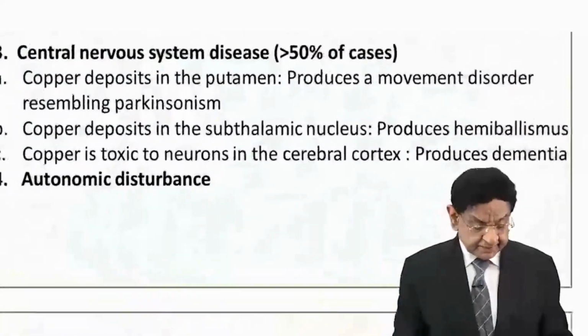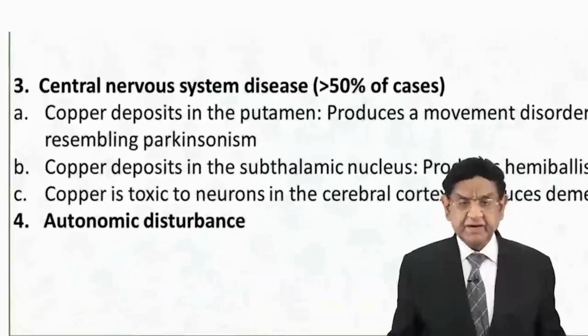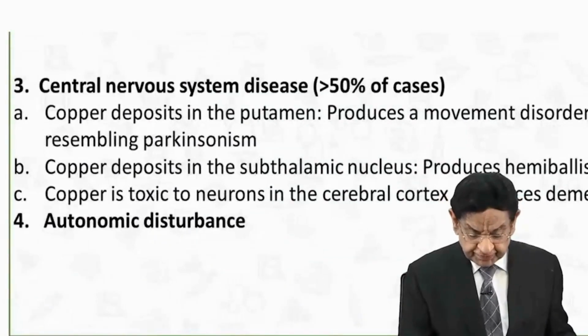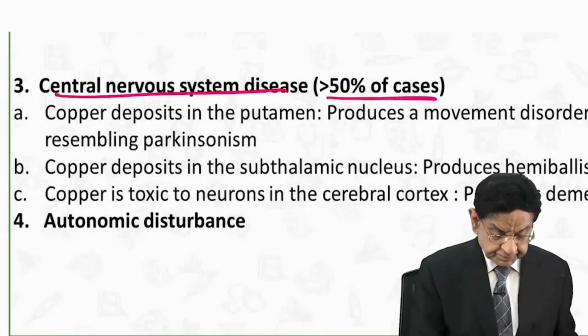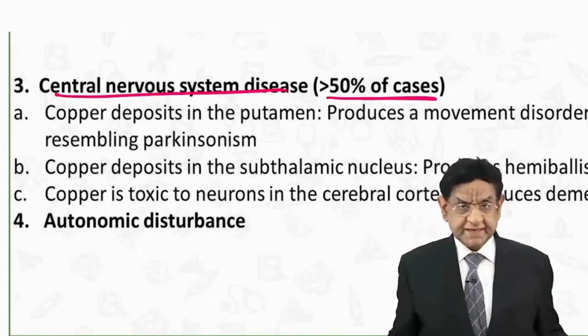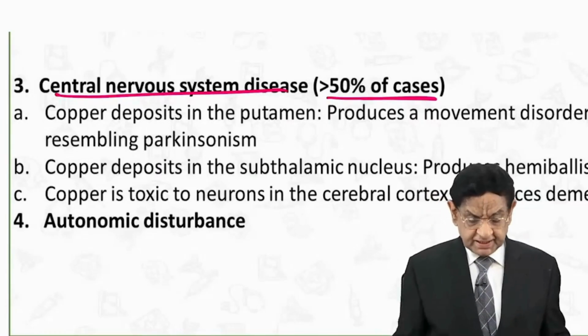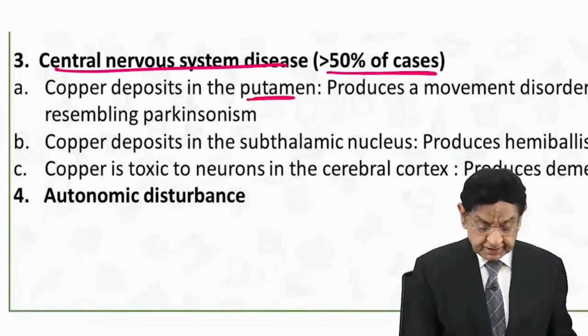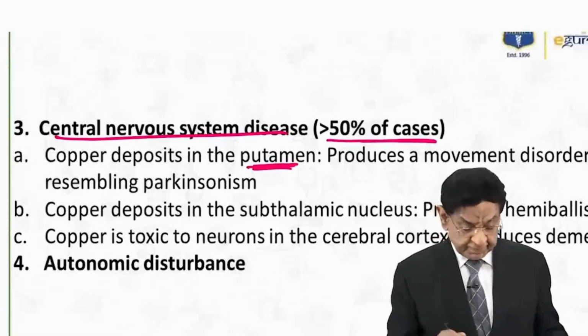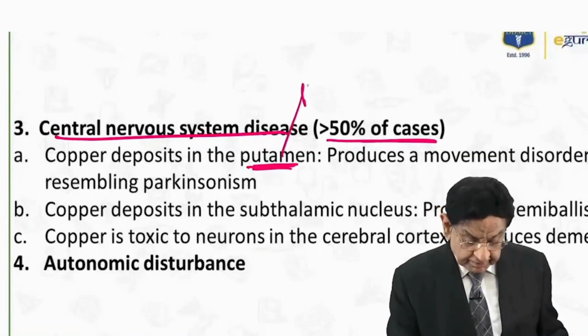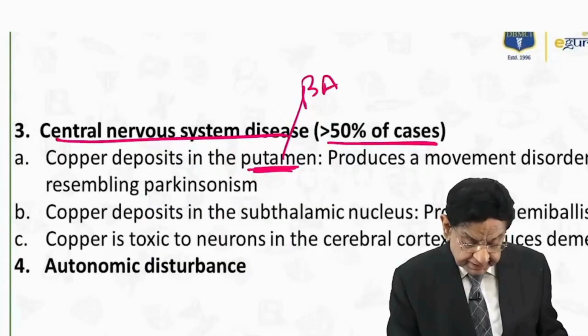Now in the brain, involvement occurs in more than 50% of cases. So what are the brain findings that we have? Classically in the putamen. I hope you are all well aware putamen is a part of the basal ganglia.